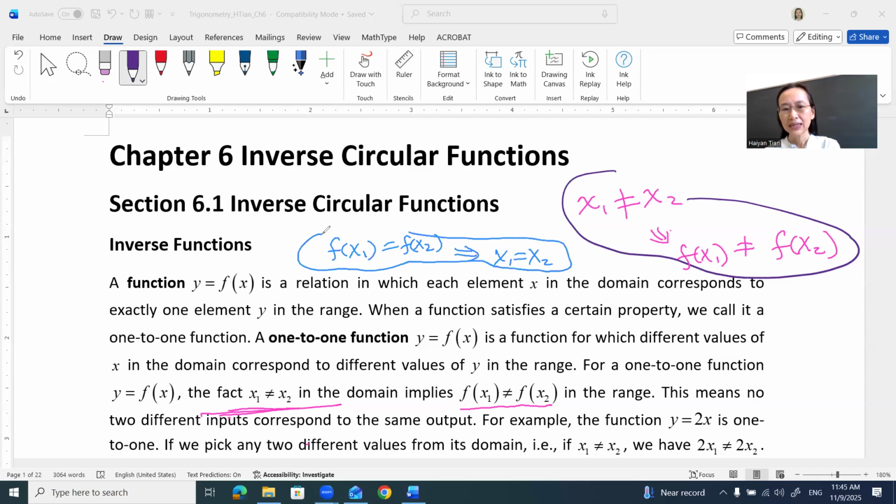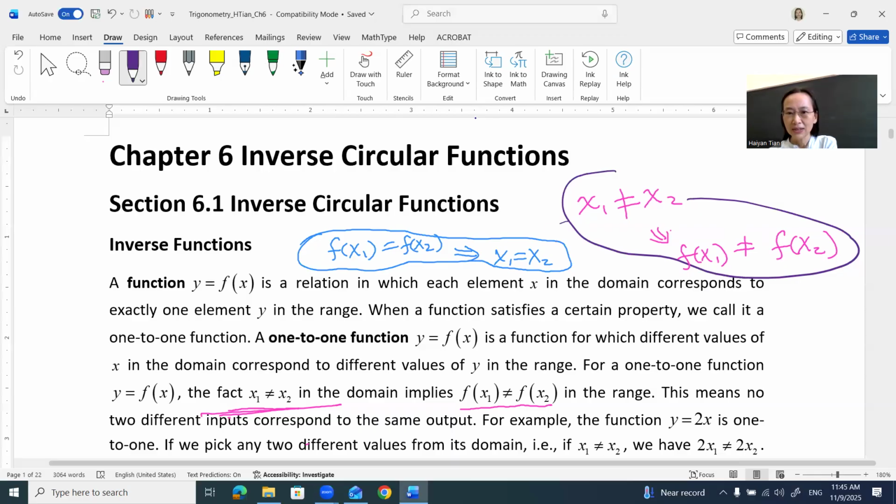Instead of using inequality, we use equality. When the two function values are equal, then the input values must be the same, x1 equals x2. So which one do you like? They are equivalent statements. This is the contrapositive of the other one.